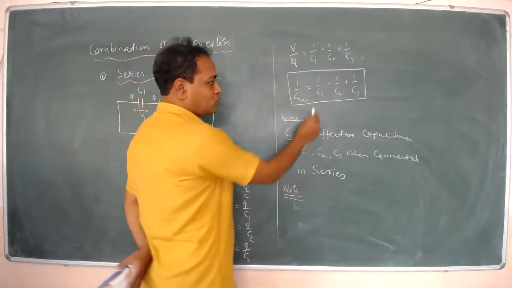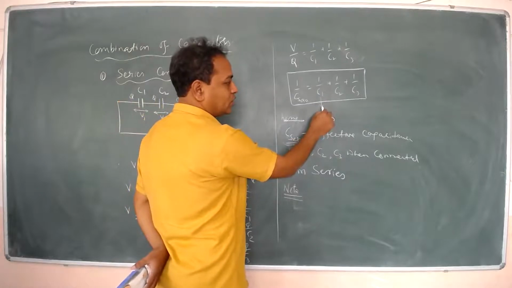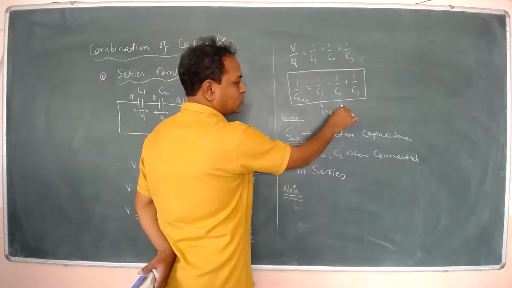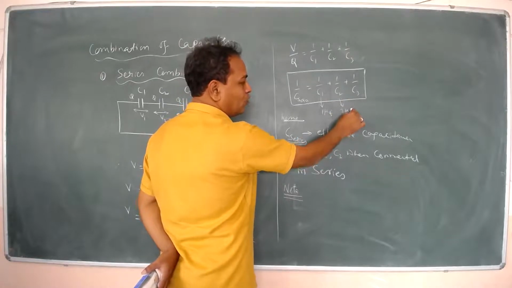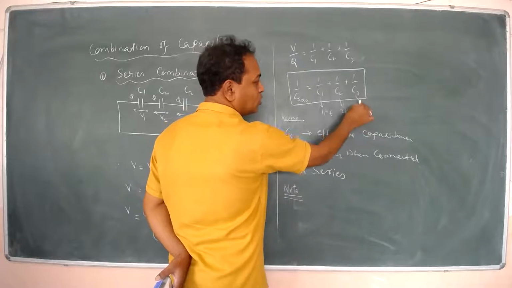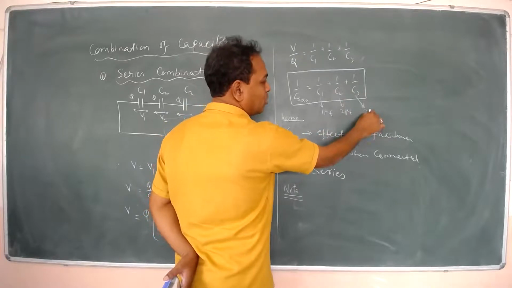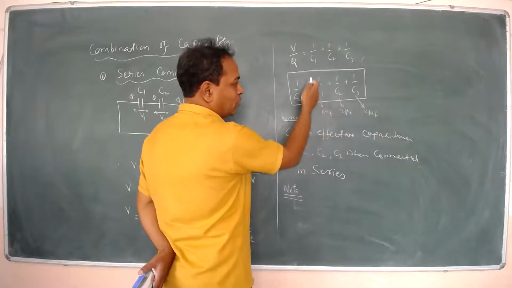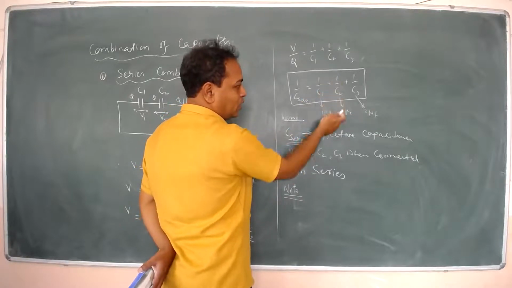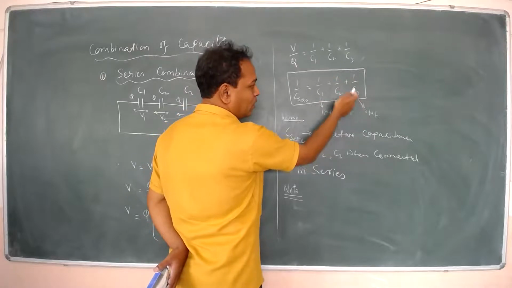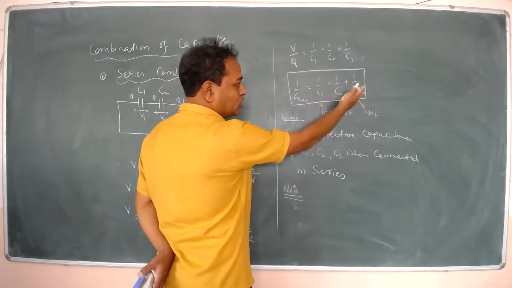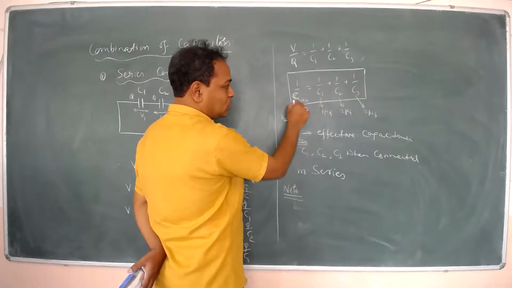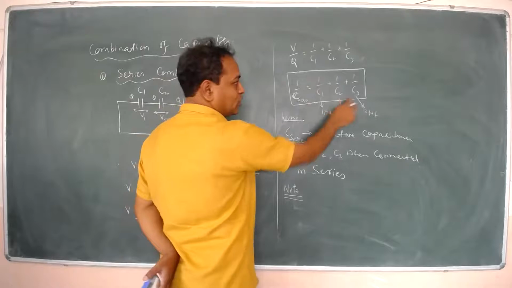Suppose C1 is 1 microfarad, C2 is 2 microfarad, and C3 is 3 microfarad. After substituting these three values, that is 1 by 1 plus 1 by 2 micro plus 1 by 3 micro, and solving, we will get the C series value.